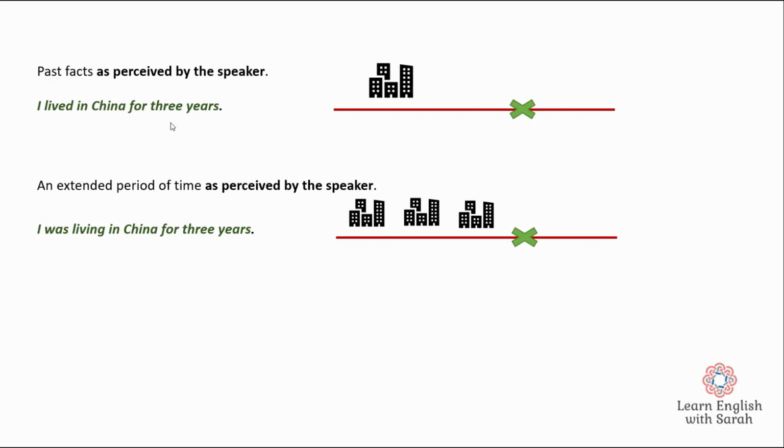It doesn't matter if it's 3 days, 3 years, 30 years. This is one single finished thing. I can say this. I was living in China for 3 years. That's okay, there's no problem there. But here this is now a period of time in my head. Okay?